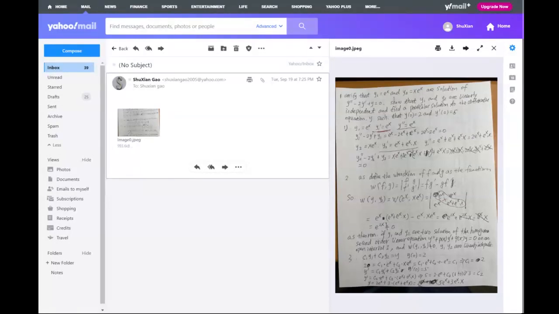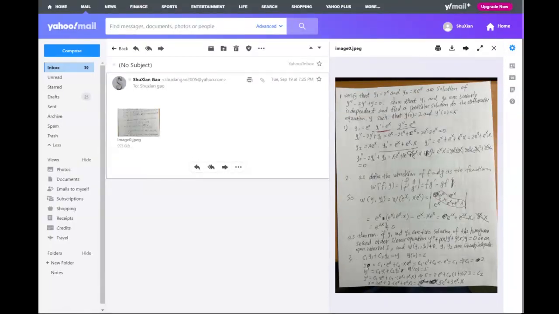We know that y prime of 0 equals 5. So we plug in: 5 equals C1 times e to the x plus C2 times e to the x plus e to the x times x.